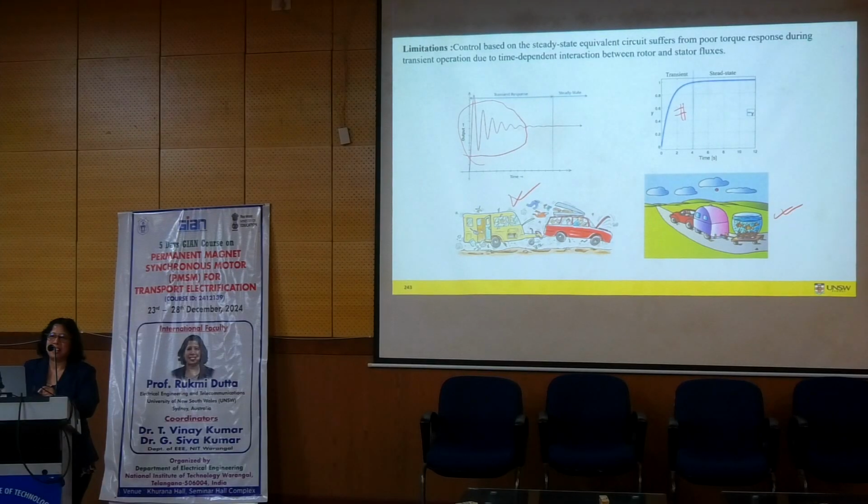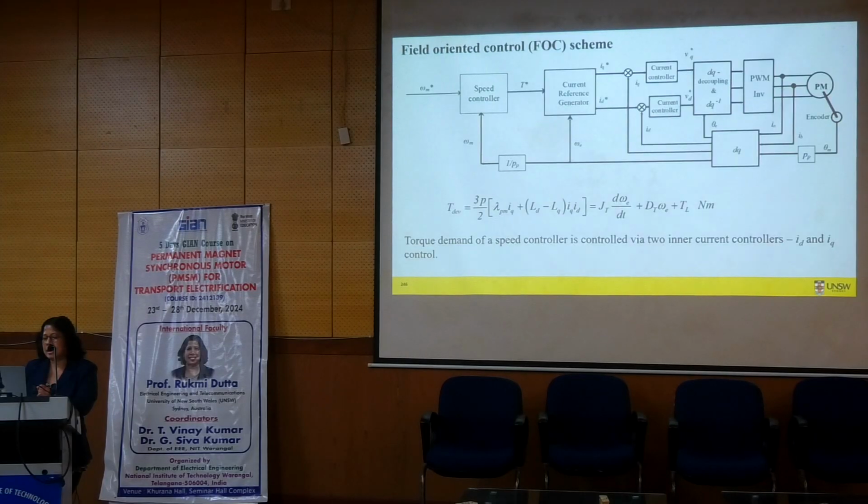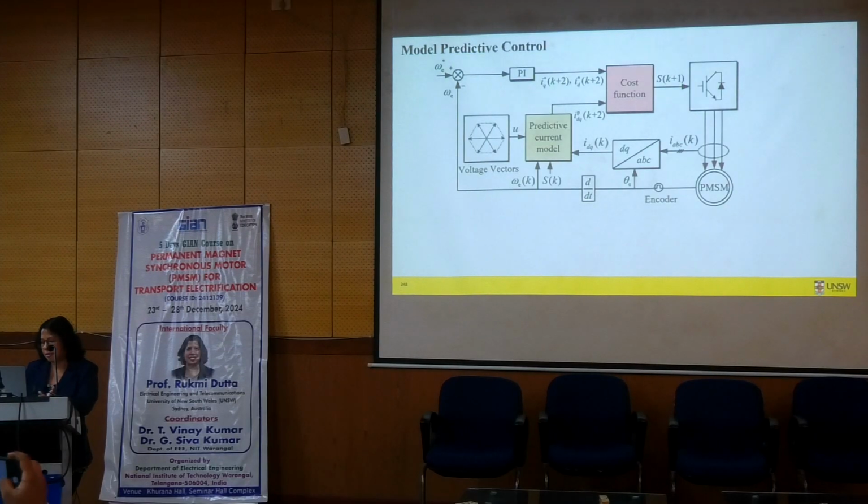It will start jerking, vibrating, and obviously you do not want those sort of things, right? So how do we then handle the transient response as smoothly as what we want here? This leads us to the more advanced controllers such as the field-oriented control, or the direct torque control, or the model predictive control.